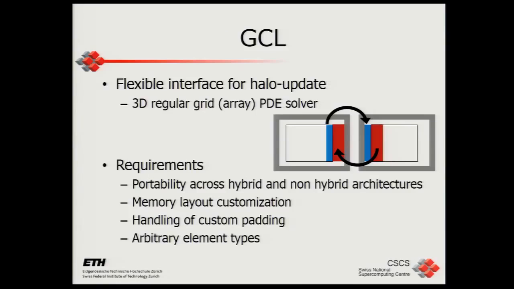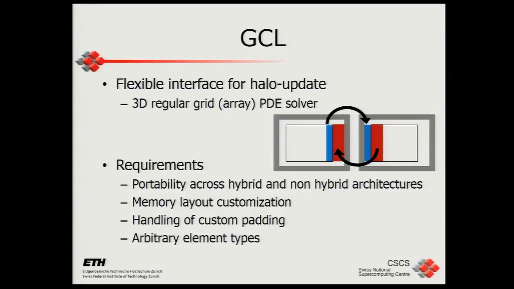The main motivation for this work is the GCL, which is the generic communication layer or library, depending on your taste, and which is a flexible interface for halo update operations. Halo update is an operation used by many scientific codes and applications that use domain decomposition.